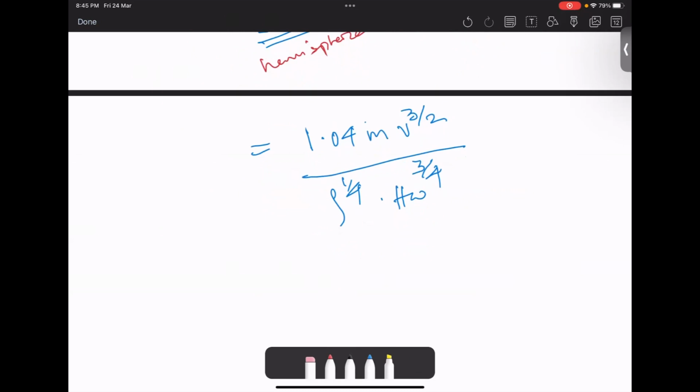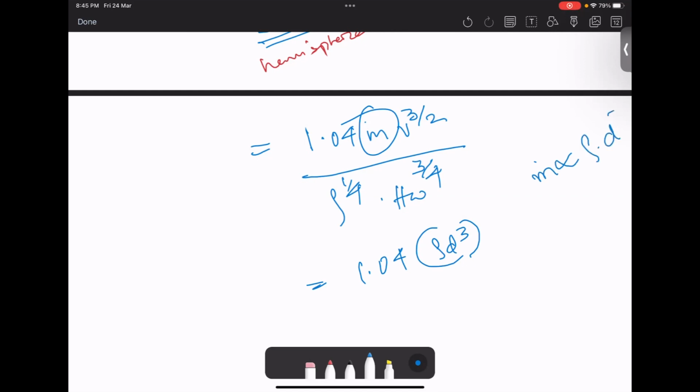So if you change mass flow rate in terms of density and volume, ignoring the constants here, let mass flow rate be proportional to density and volume, which is proportional to d cube.